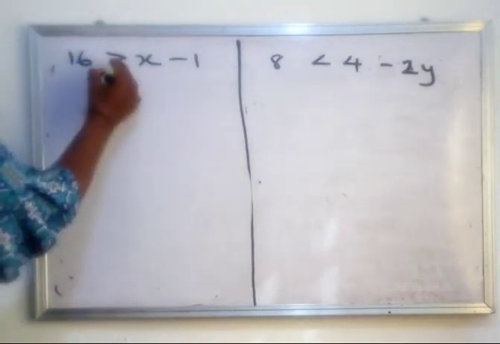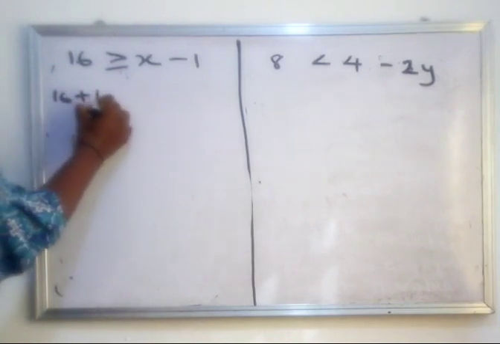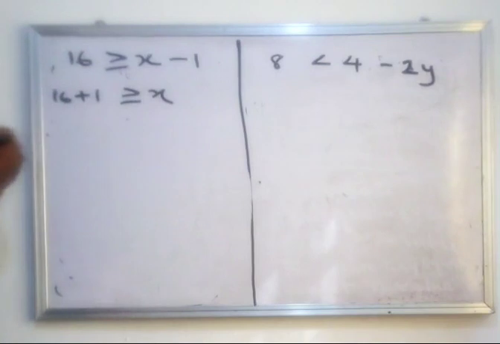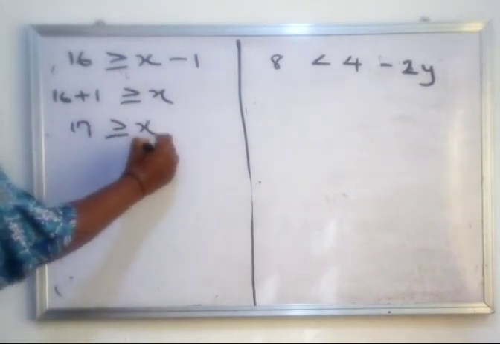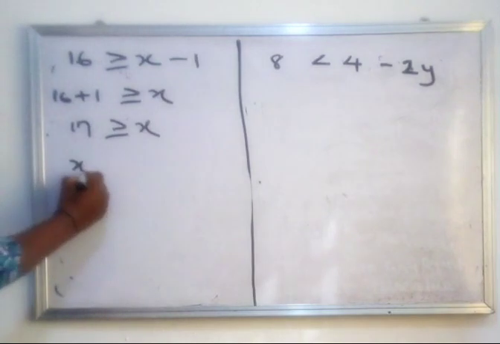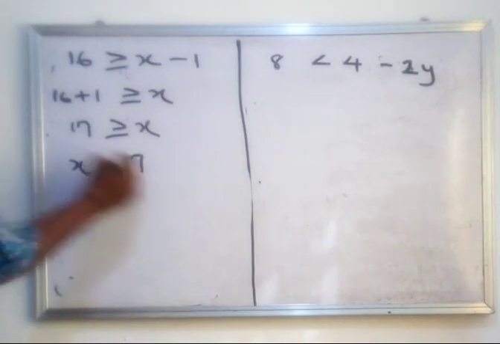So when minus 1 crosses this bridge, it becomes plus 1. So 16 plus 1 greater than or equal to x. All right? Now 16 plus 1 is 17, is greater than or equal to x. And then this can also be rewritten as x is less than or equal to 17.